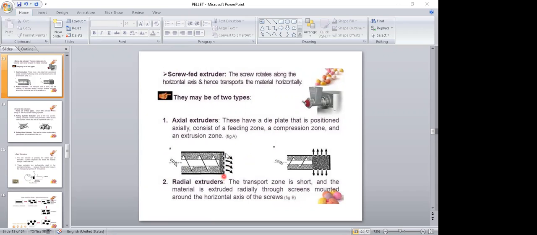This die plate is attached axially, so that's why it is known as the axial extruder. The second one is the radial extruder. Here this die plate is mounted around the horizontal axis of the screws. That's why it is known as a radial extruder.